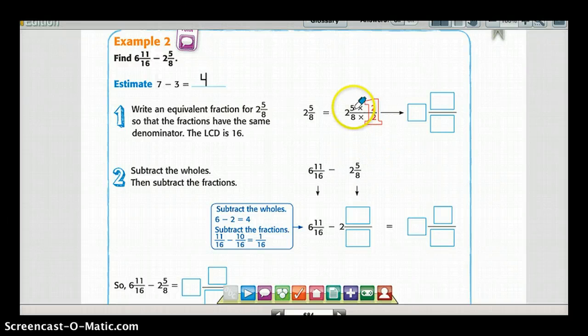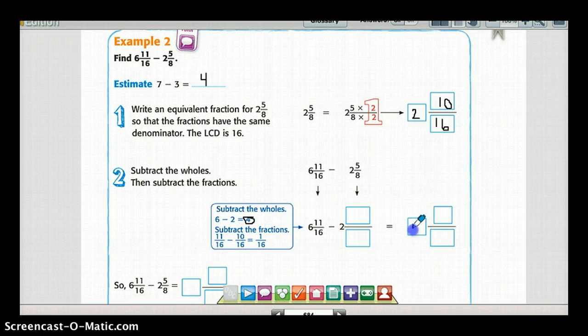So I can multiply 5 and 8, the numerator and denominator, both by 2, and then I'll still have the same whole number, 2, and my numerator and denominator will then change to 10/16. So now I have 2 and 10/16. So I do have common denominator now, so I can just subtract. So first I will subtract the whole number, so 6 minus 2, and that will give me 4.